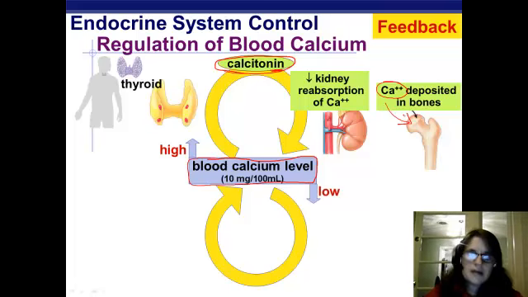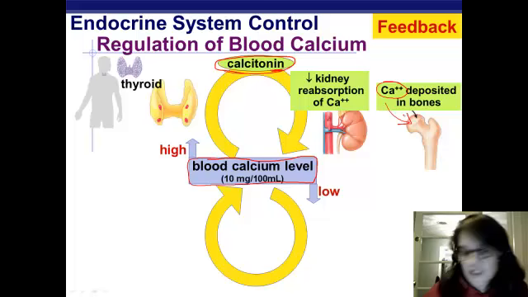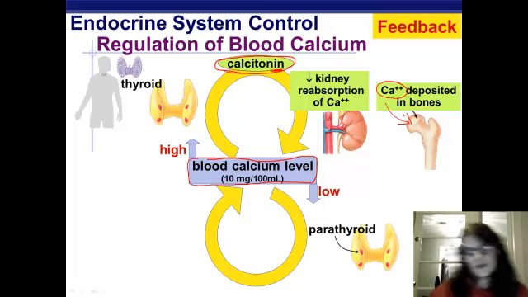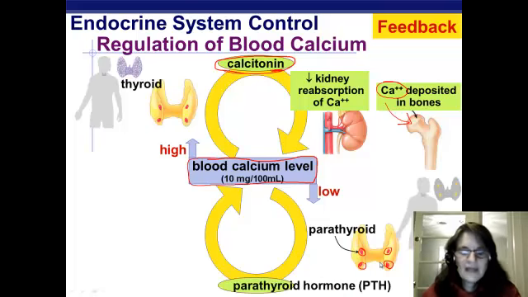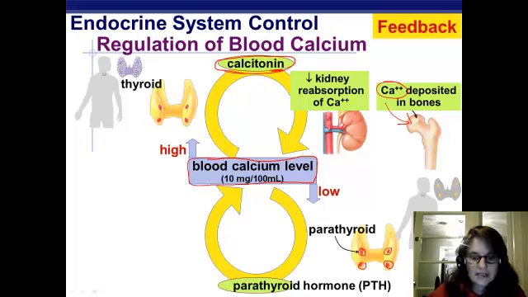Okay? But if we get too low in calcium, maybe because we are getting rid of it too efficiently or whatever, then there's another gland embedded in the thyroid, and it's these little spots right here called the parathyroid gland, and that will release something called parathyroid hormone, or PTH.